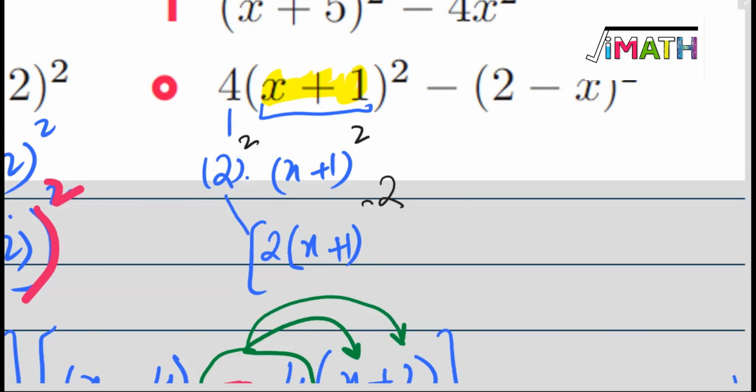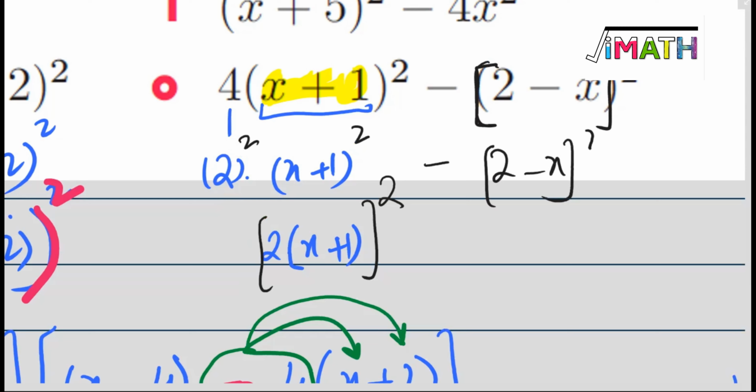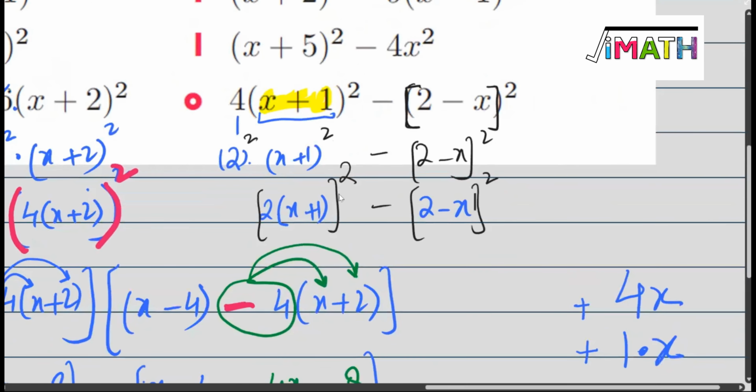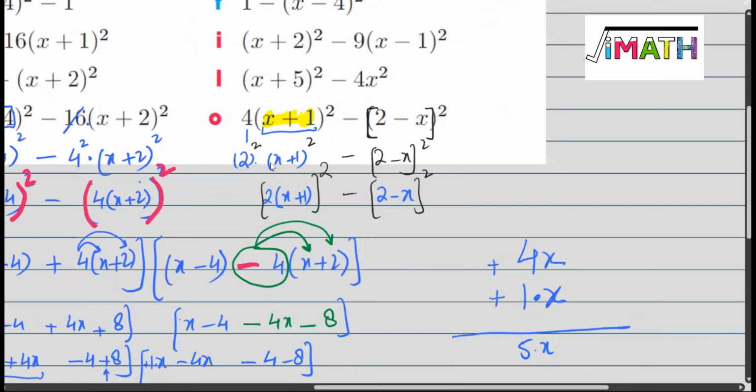So something inside the bracket is A, and on the right side I would say this is your B. Yep. So 2 minus x, and if I use the colors, 2 minus x, and so we need to put everything inside one square. Okay, yep, so now 2 is also included.